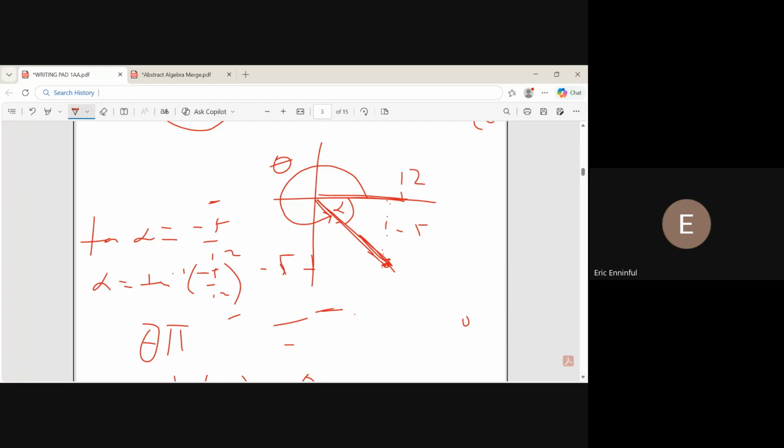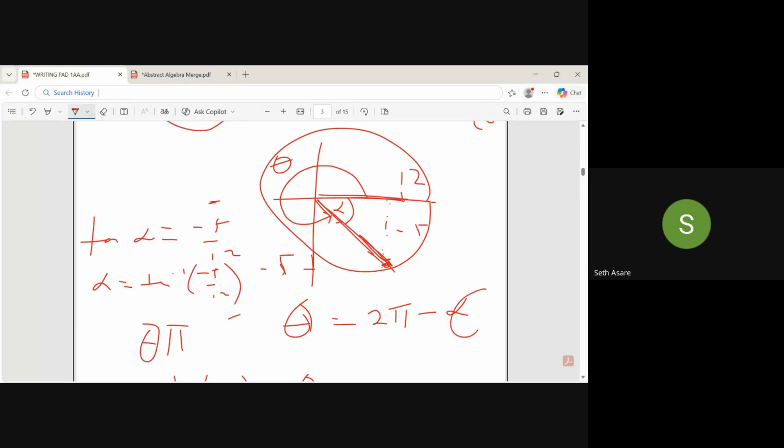Yes, sir. So for me to get theta, then theta here should be equal to the complete one, which is 2 pi minus alpha. Are you okay?